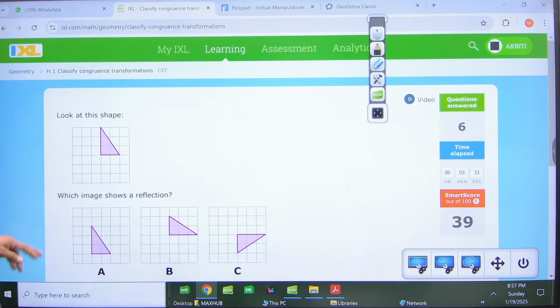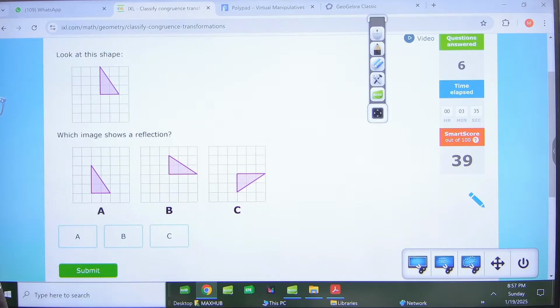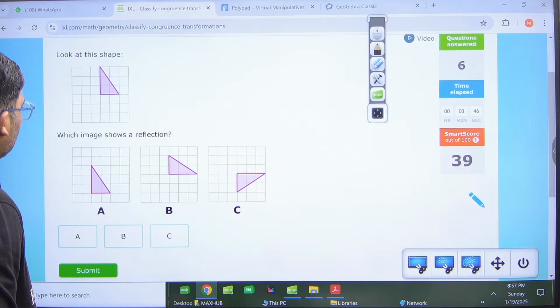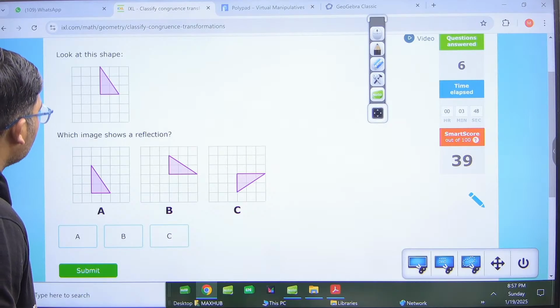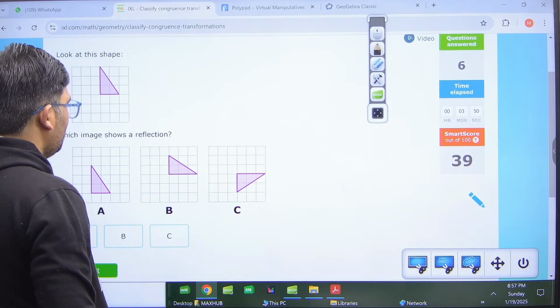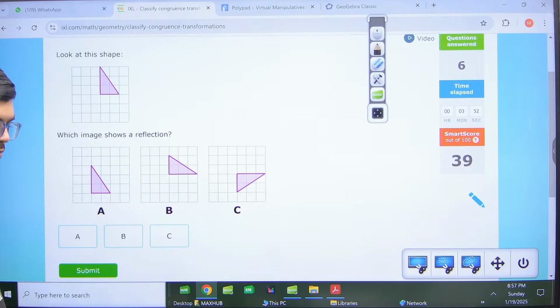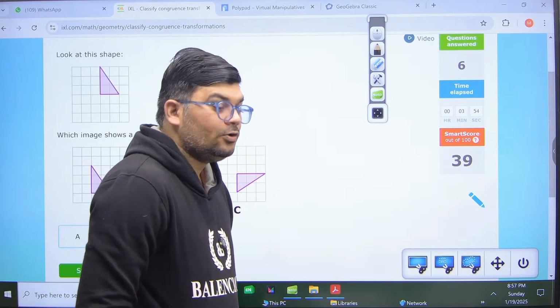Look at this shape. Which image shows the reflection? None of these. None of the shapes shows reflection. How is any of these a reflection? So my dear, there are two kinds of reflection.